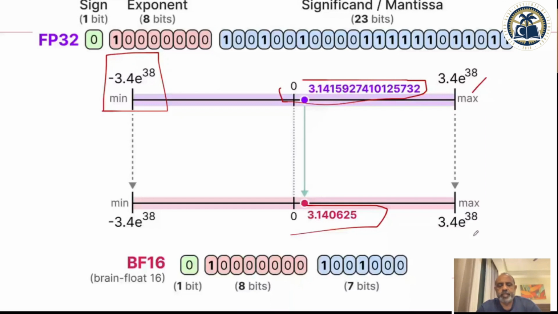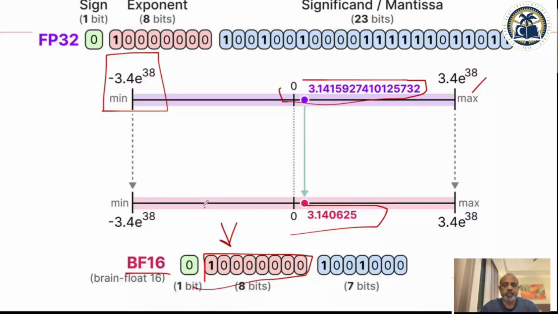Then many large language models use another format, which is the BF16 format. Because of the increased dynamic range, they want to assign more bits to the exponent part, the same as in 32-bit precision.